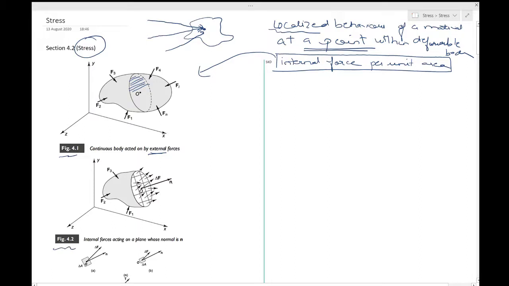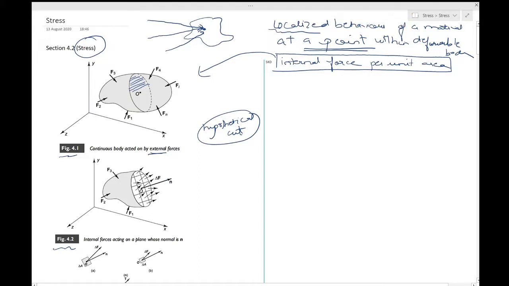This is the same hypothetical cut which we have done for the beam bending and even the extension and compression of bars problems. So you have cut this continuum solid at point O using a plane whose orientation is given by normal vector n.